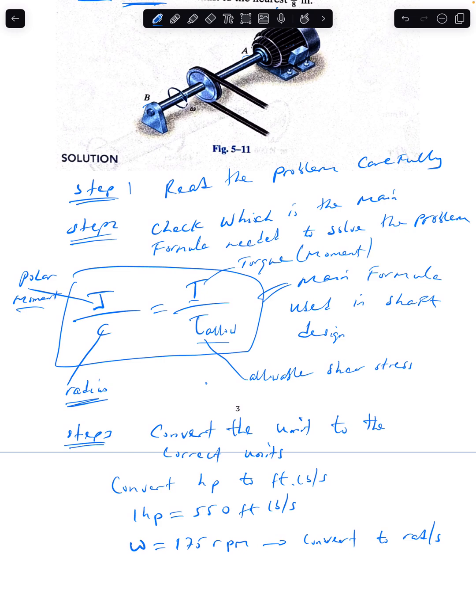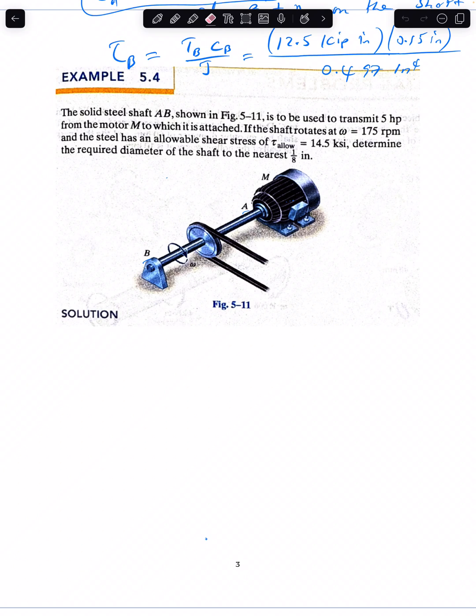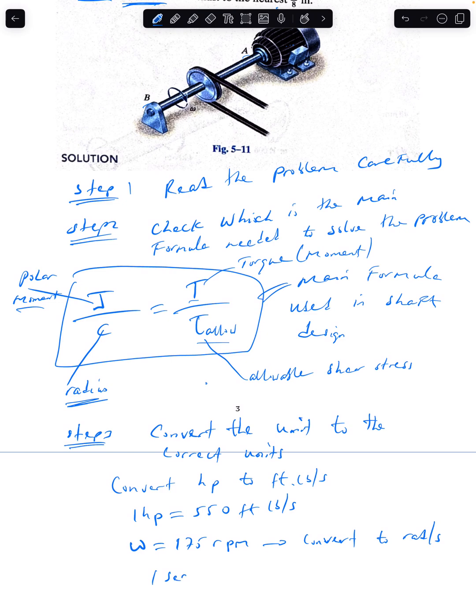And therefore, to convert that to rad per second, I will say 1 minute equal to 60 seconds, and 1 revolution is equal to what? 2 pi rads.